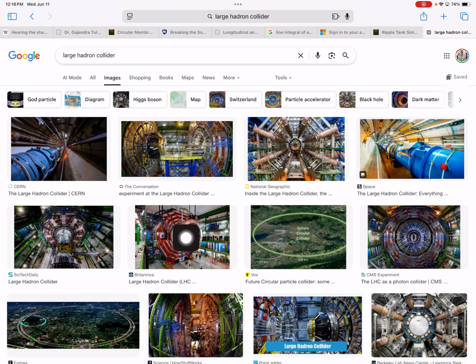So there's the solenoid, and inside there is that uniform field that we talked about.